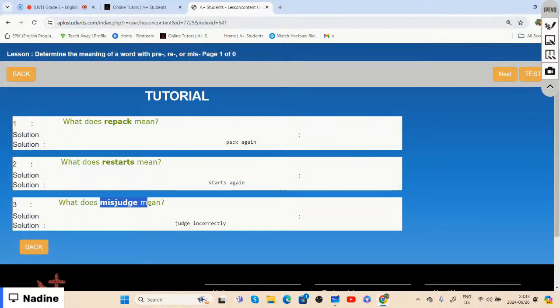And then if we have the word pre, for example, premix, it means that you are mixing something before. If it's maybe preheat, then it means that we are heating something before. So that is what re means, which means again, pre means before, and miss means either incorrectly or wrongly.